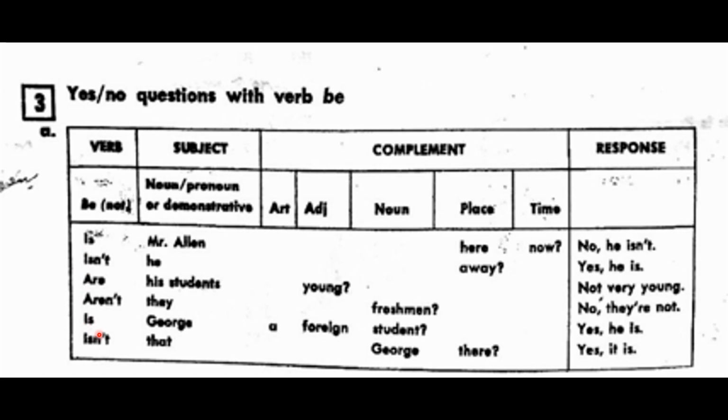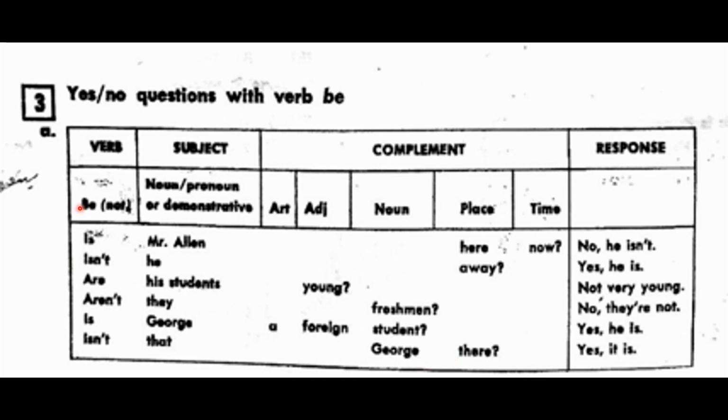So these are the auxiliaries at the beginning of these yes-no questions. Is Mr. Allen here now? Isn't he away? Are his students young? Aren't they freshmen? Is George a foreign student? Isn't that George there?